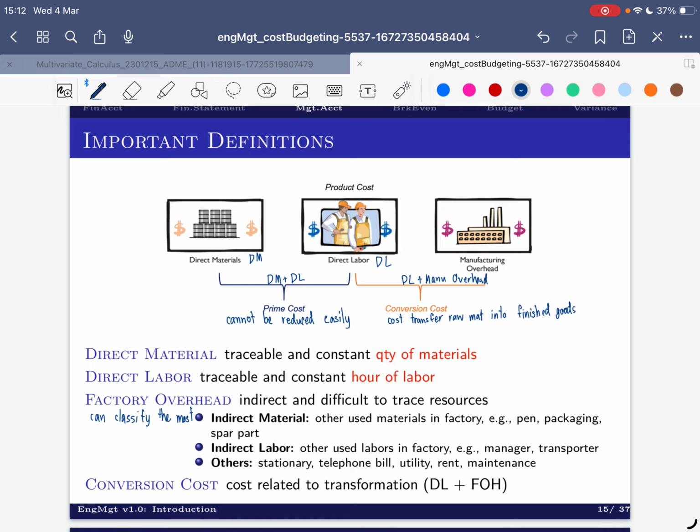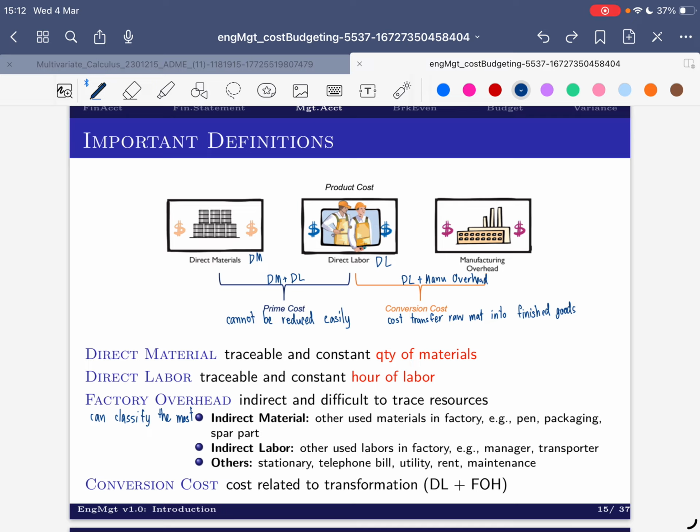The key difference between direct and indirect material is that direct is easy to trace. Once you know that you produce X quantity of product, you know it's going to be 3X quantity of direct material, in proportion to what you produce.